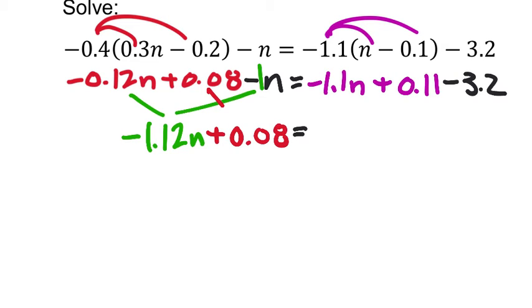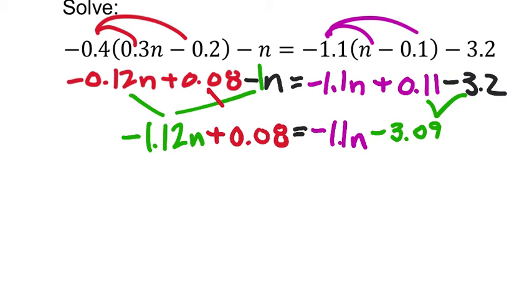On the right side, I don't have any other n terms to combine negative 1.1n with, but I can combine my positive 11 hundredths with the negative 3.2 right there. So that's going to be a negative 3.09.